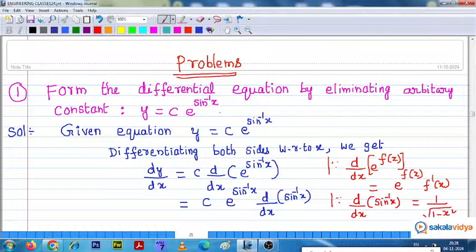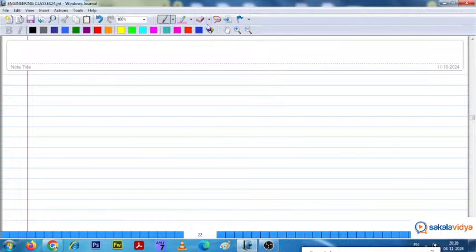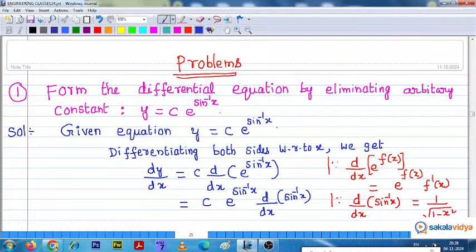So, now we can write this equals c times e power sin inverse x multiplied with 1 upon under root of 1 minus x square. If you observe equation 1, the c times e power sin inverse x is nothing but y.